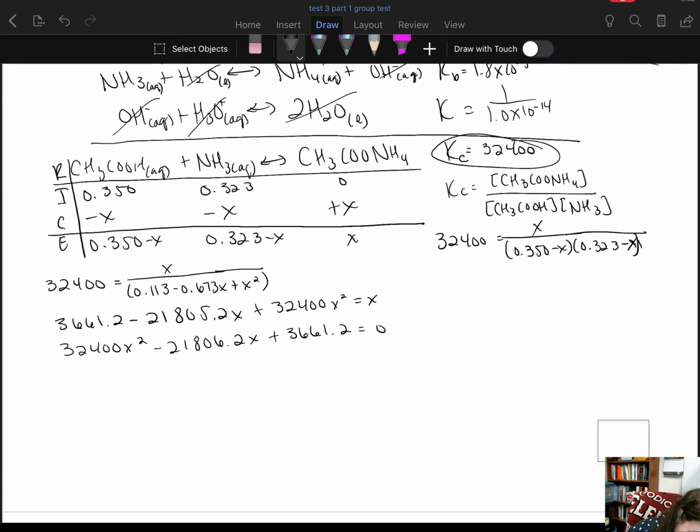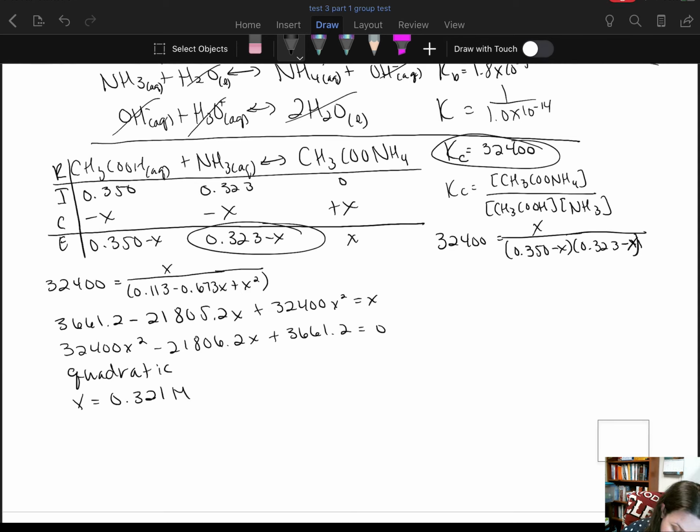I'm going to do the quadratic equation, and what we get is an x value equal to 0.321 molar. So basically the same value as this, it's a large enough value that we can basically assume that we consume all of the NH3.